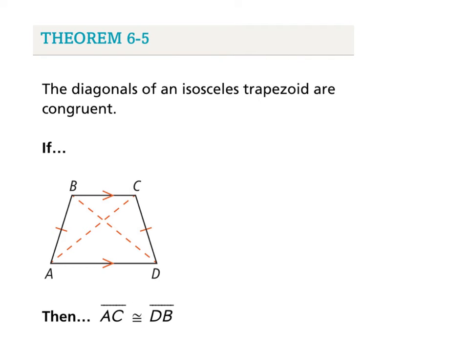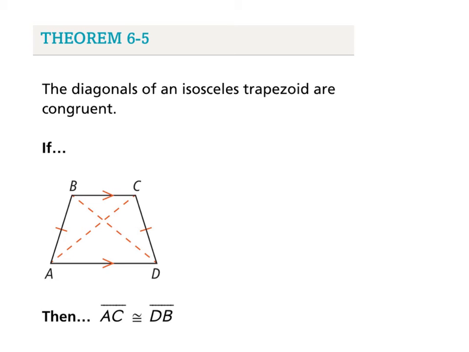Now, from that idea in the previous theorem, we can develop this additional theorem that says that the diagonals would have to be congruent. Let me show you how that last theorem leads us into this one. I drew the diagonals here of my trapezoid. Diagonals go from one corner to a non-adjacent corner, so from B over to D or from A over to C. When I drew those two diagonals, I created a whole bunch of triangles.